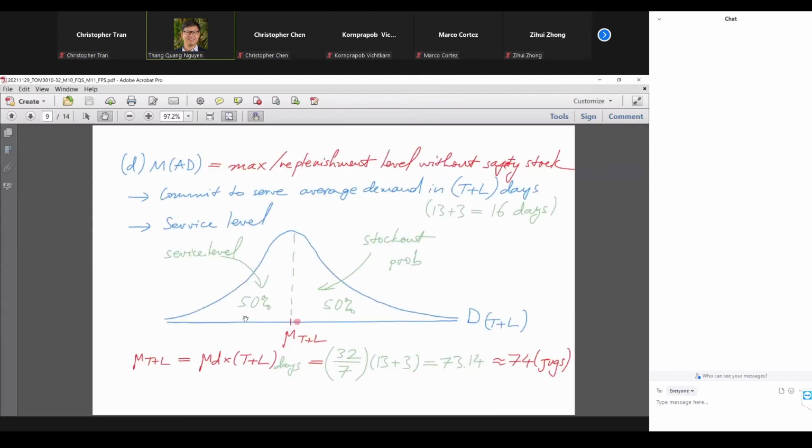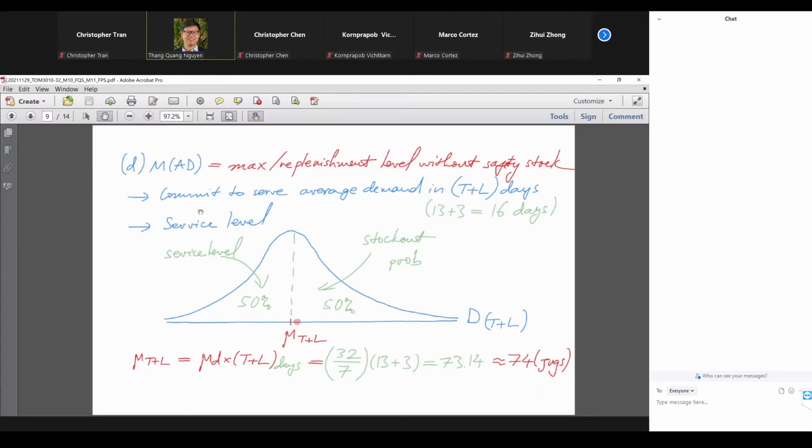All right, in part D, now we talk about the MAD. The letter M stands for maximum, so that's a maximum level, the ceiling. We either call that the maximum inventory level or the replenishment inventory level.